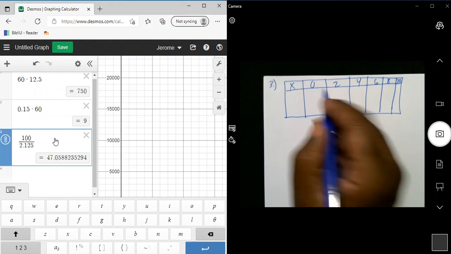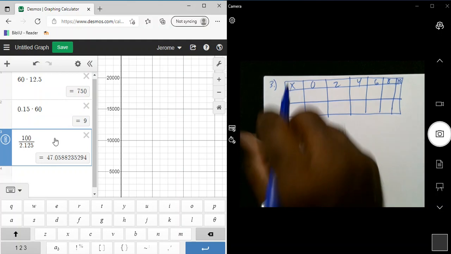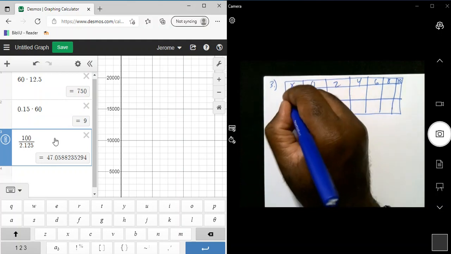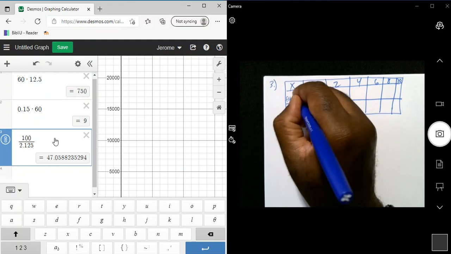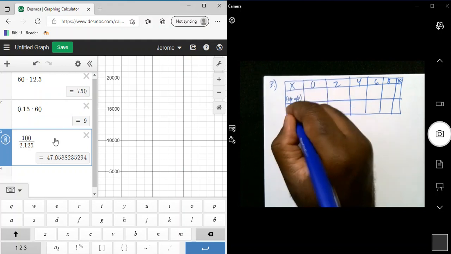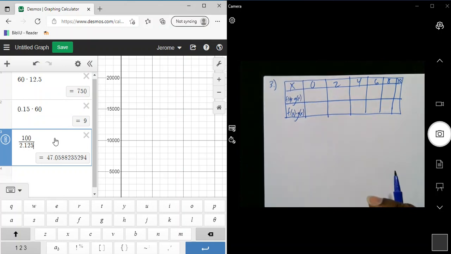Okay, so now we will have f of x plus g of x, and then f of x minus g of x. All right, so we need to find out what these formulas are.